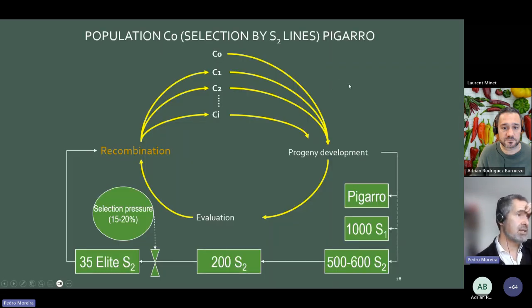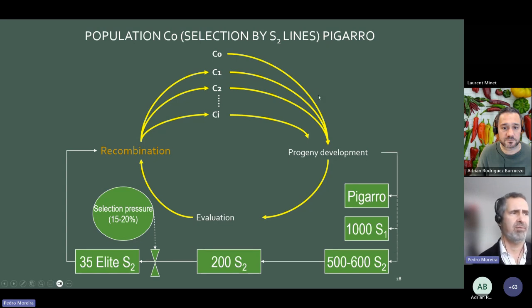Well, this is the other way that you do selection, but in this case with S2 lines. Why do you do this? Remember that allogamous plants, and especially maize, don't like at all to be selfed.